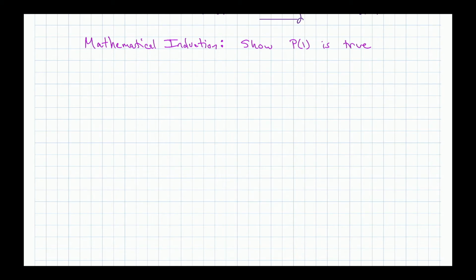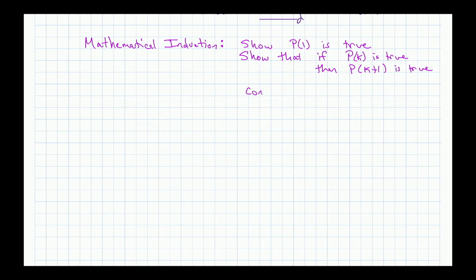That's your base step. And then you need to show that if P of k is true, then P of k plus 1 is true.